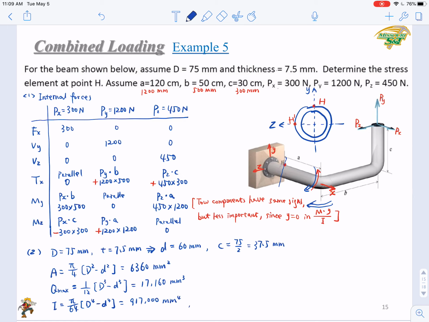When you use the torque to determine the shear stress, you will need to use tau equals Tc over J. So the J for a circular cross section will be just 2 times I, or pi over 32 times D to the fourth minus d to the fourth, right? So this will be 2 times I. It will be 1.834 million. Knowing these numbers, we will be able to calculate the normal and the shear stresses.